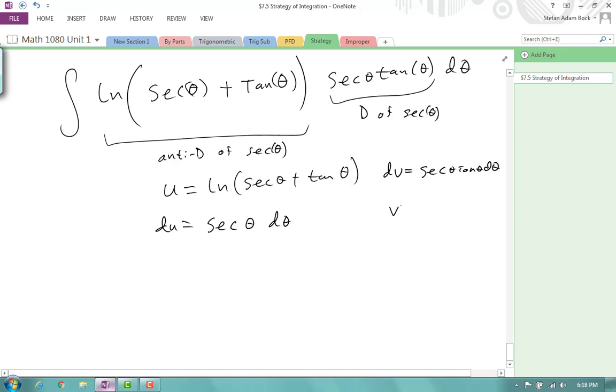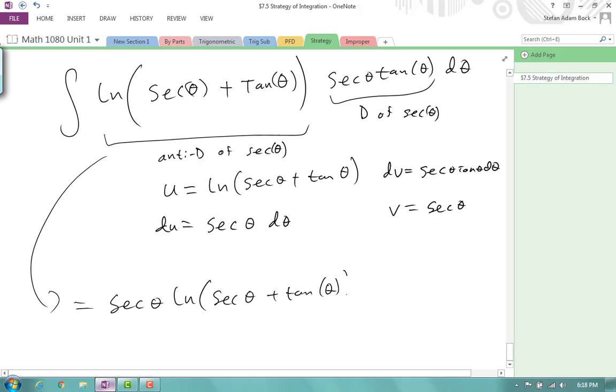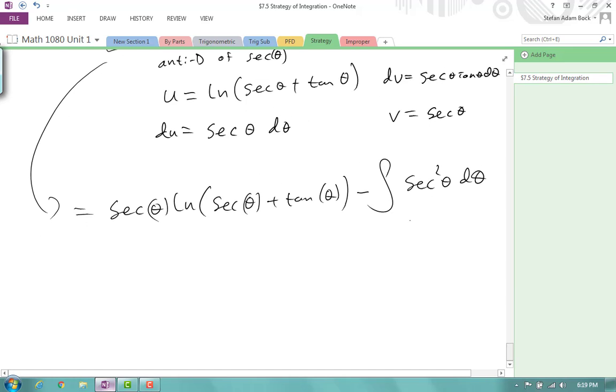So my v is equal to secant of theta. So this integral is equal to uv, secant theta natural log of secant theta plus tangent theta, minus the integral of v du, secant squared of theta d theta, but that is the derivative of tangent.